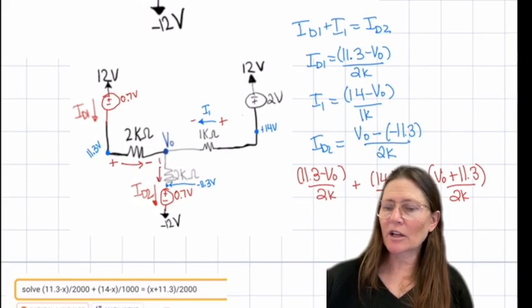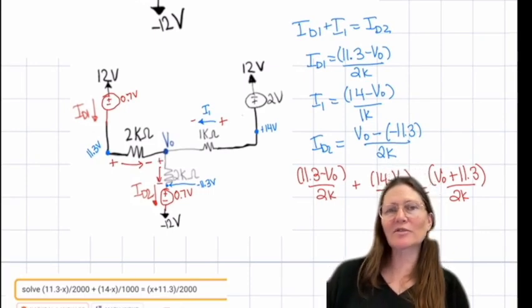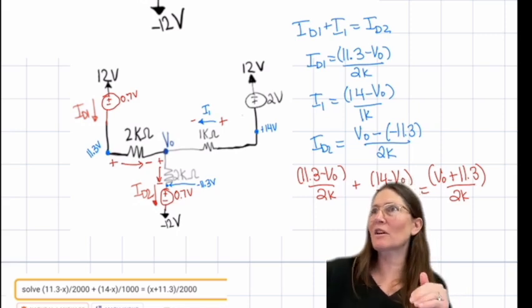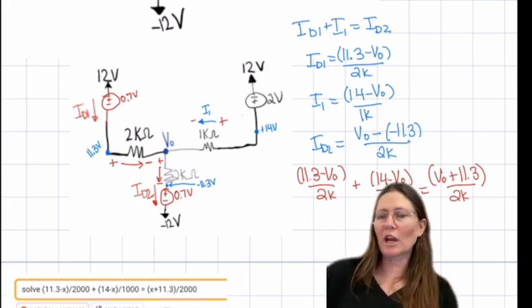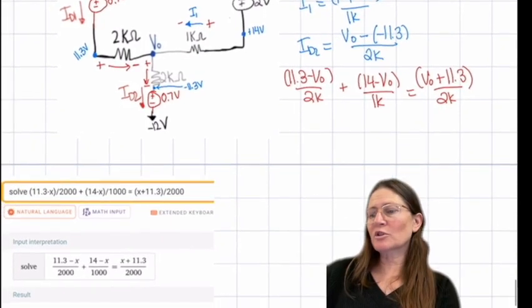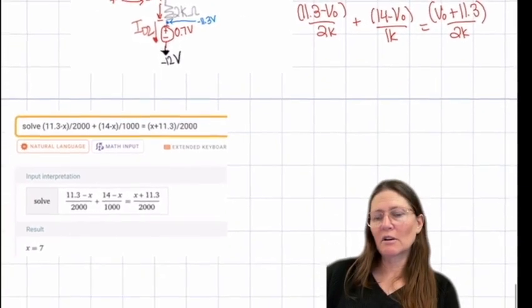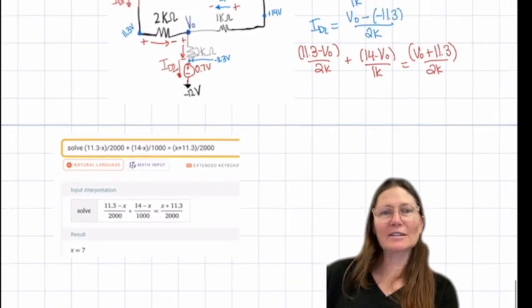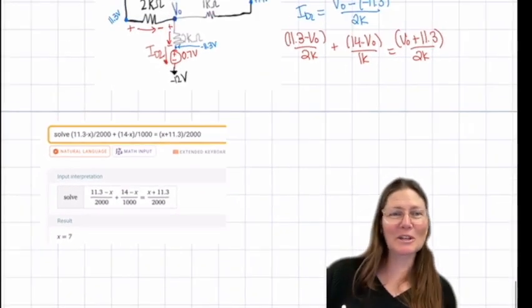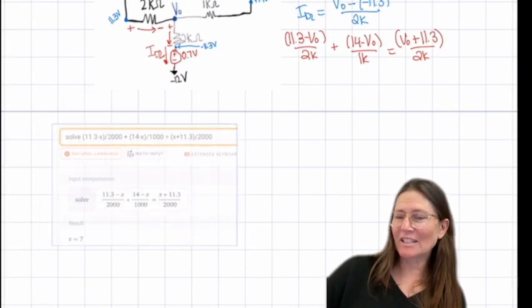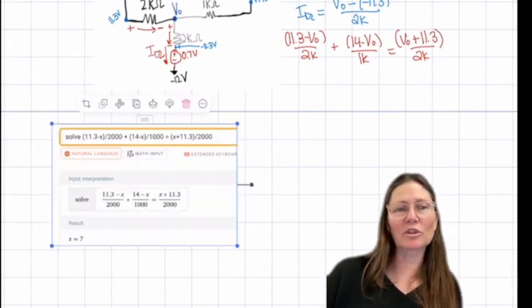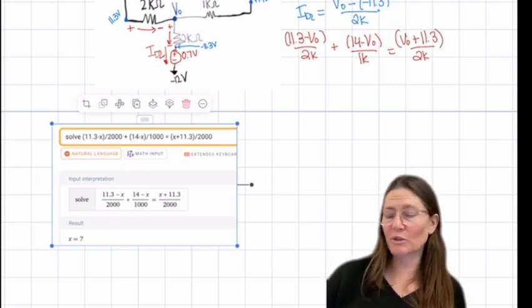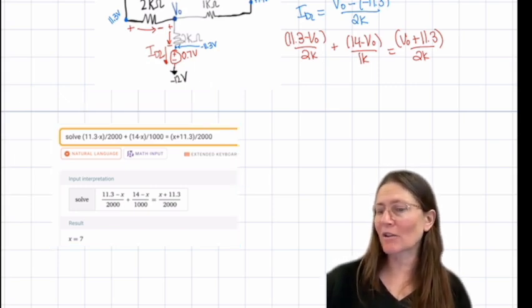And then the current direction on this one has the plus V0 minus minus 11.3 over the 2K. So substituted those in, and then solving that using an online tool because my math is not good today, that result gave V0 is 7 volts.